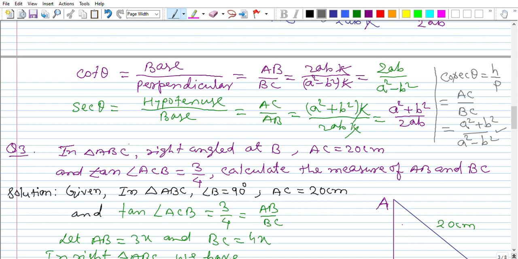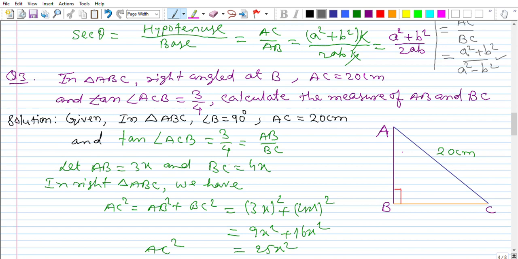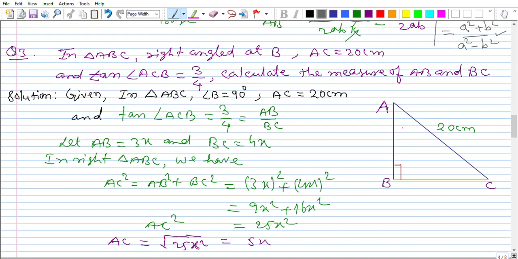Okay. The third question: in triangle ABC, right angled at B, AC equal to 20 centimeter and tan angle ACB equal to 3 by 4. Calculate the measure of AB and BC. Dear learner, dear viewers, according to the question, first of all we will draw the triangle ABC, where B is 90 degree.